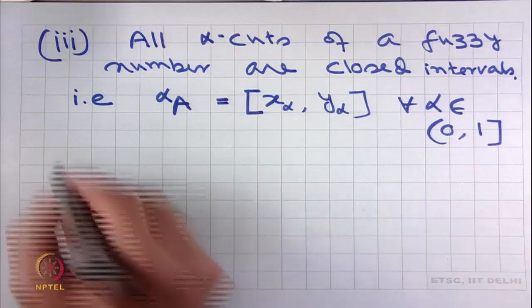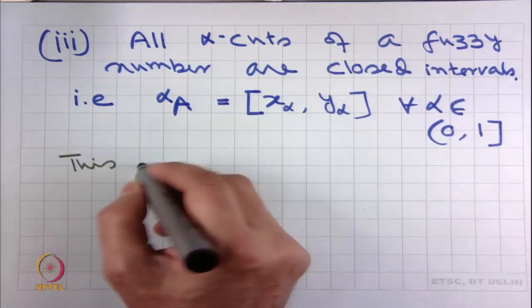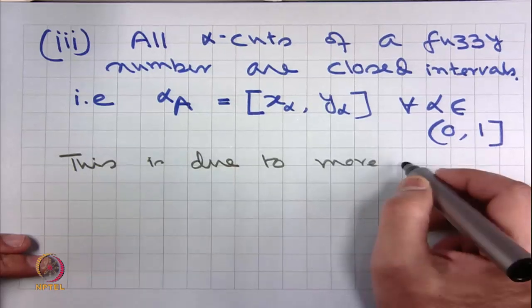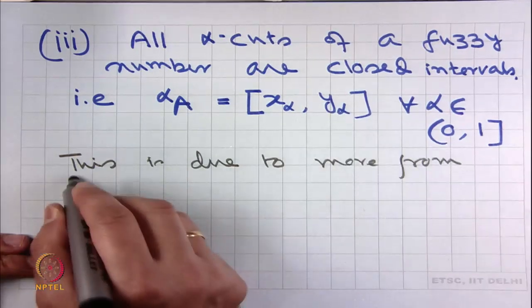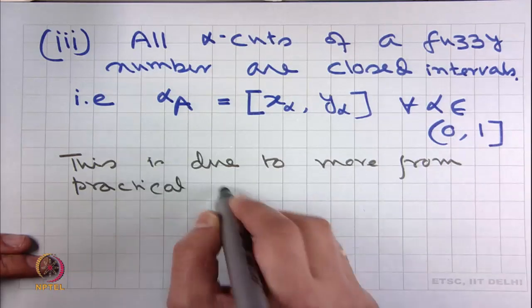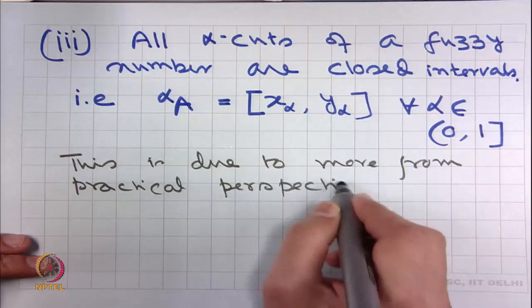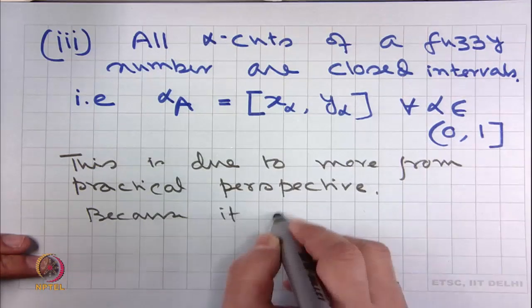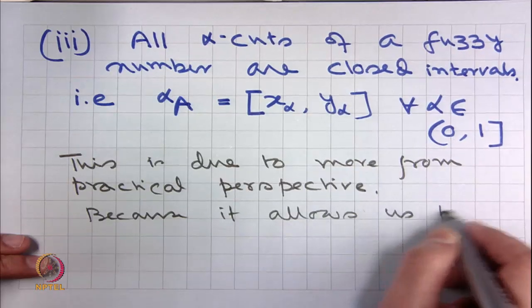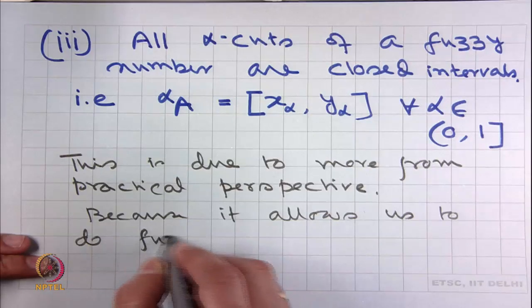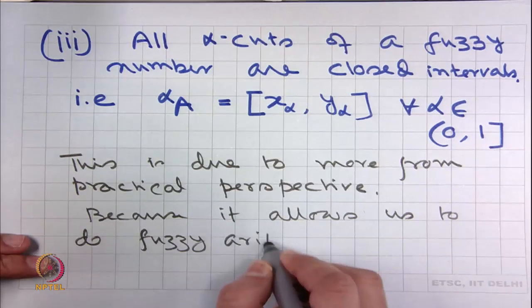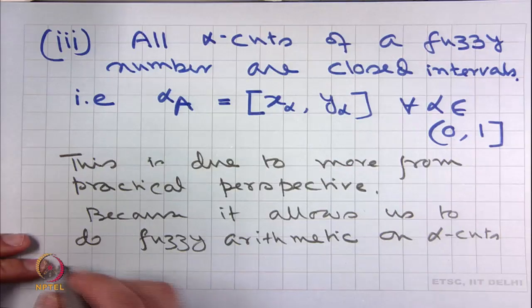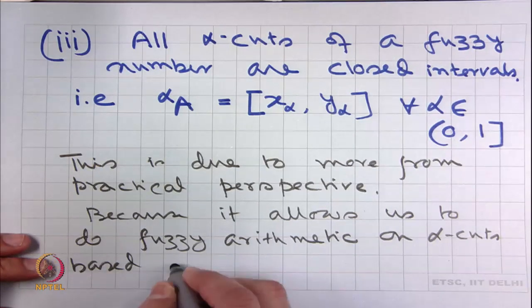This comes more from a practical perspective, because it allows us to do fuzzy arithmetic on alpha cuts based on closed intervals.